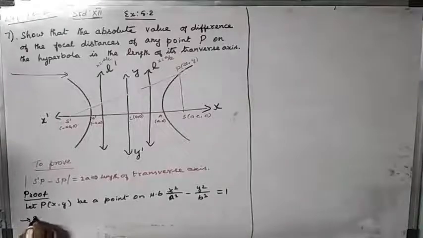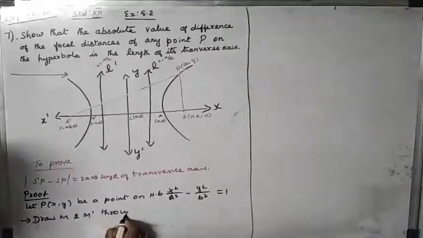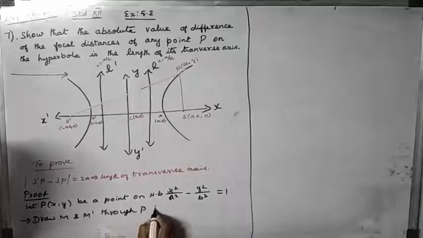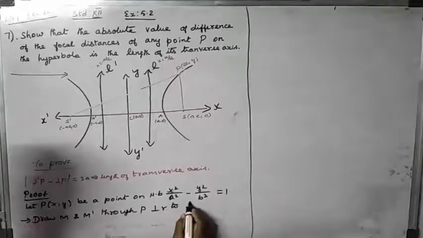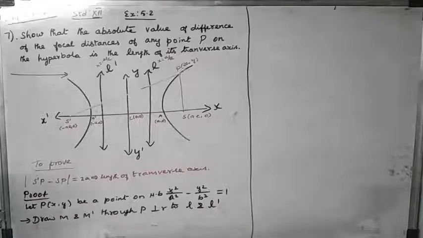Next one, draw M and M dash through P perpendicular to L and L dash. L and L dash are the directrices.